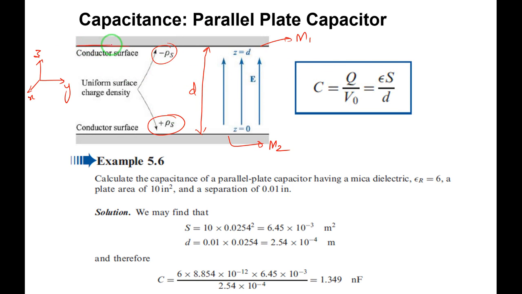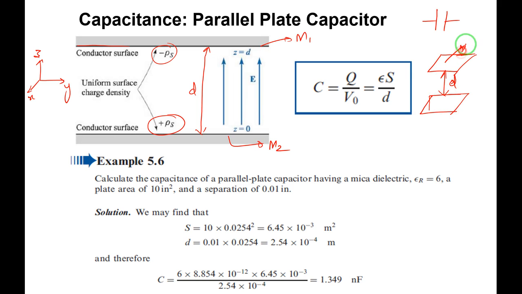If I tell you this is the metallic plate and draw it like this, you will not understand. If I draw it like this also, you will not understand. So actually the plate will be like this. This is one metallic plate, so another metallic plate will be here. They are separated by a small distance d.